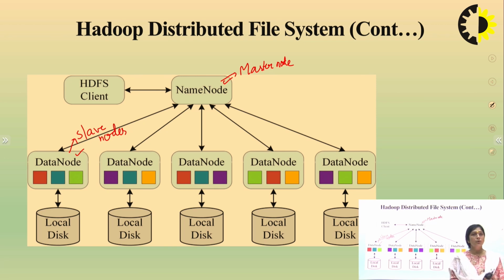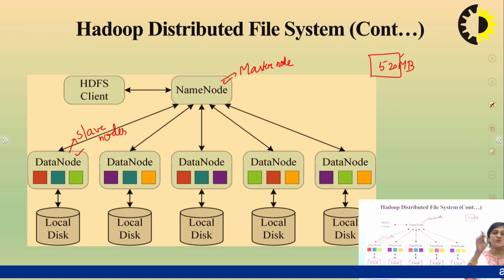Now, what is the role of the master node? The master node actually stores the location of data, or block IDs and block reports. Now, the question is, what are block IDs and block reports? For that, I am taking an example. Suppose we have a data file of 520 MB.